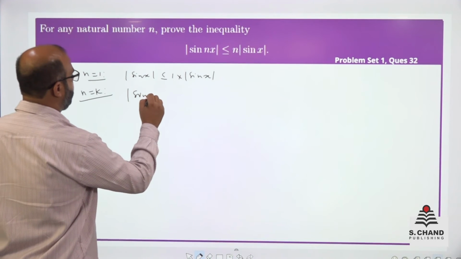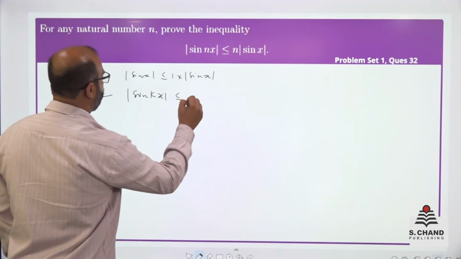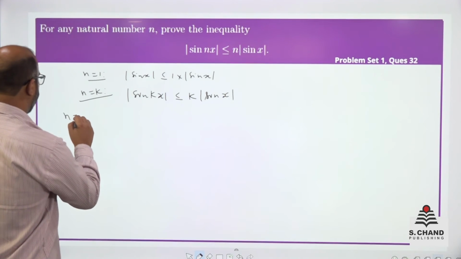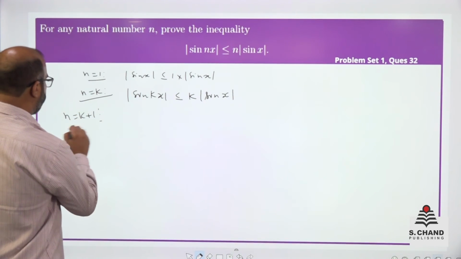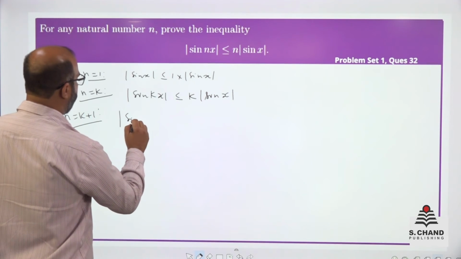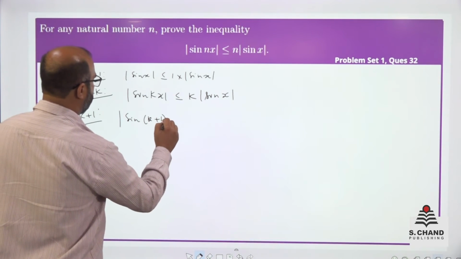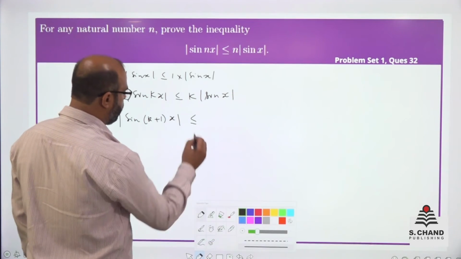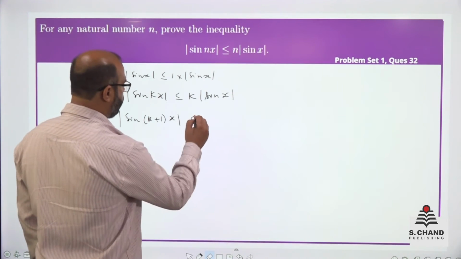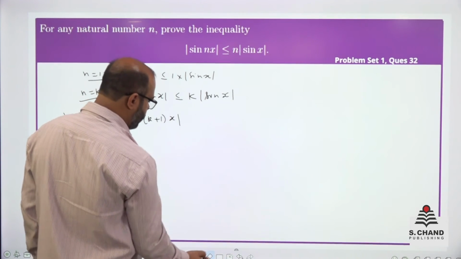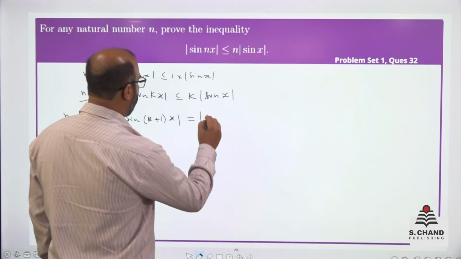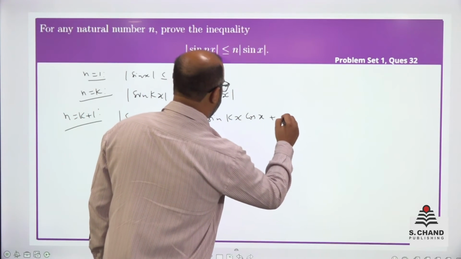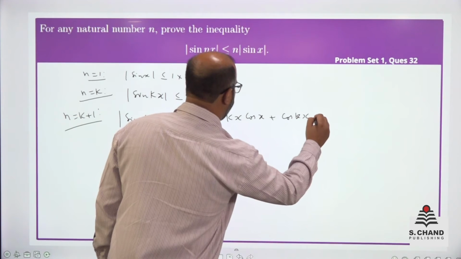So mod of sin kx is less than or equal to k mod of sin x. For n equal to k plus 1, when we proceed, mod of sin (k+1)x is equal to, right now it is equal, later on I will come to less than or equal to, mod of sin kx cos x plus cos kx sin x, right.